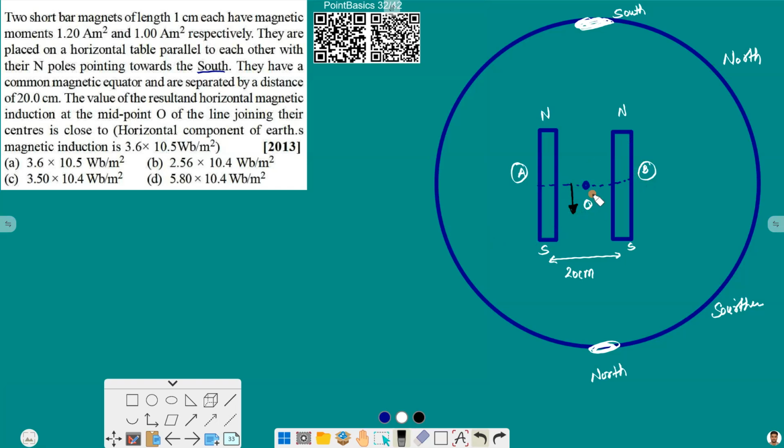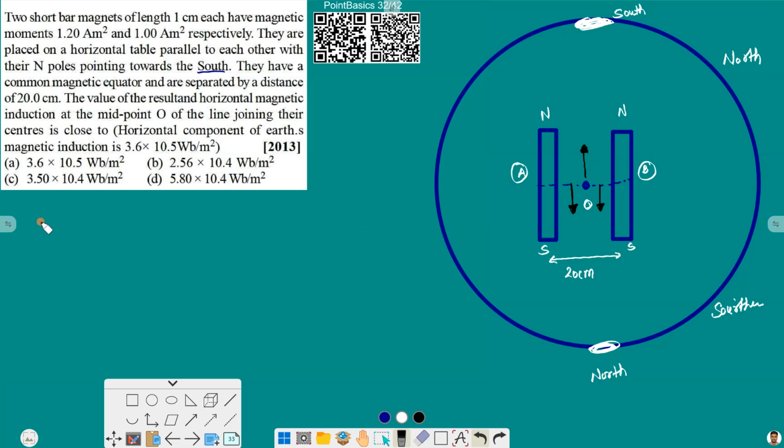Similarly for magnet B, the magnetic field will be downward. But for the Earth, the magnetic field will be from north to south. So from Earth, the magnetic field will be upward.